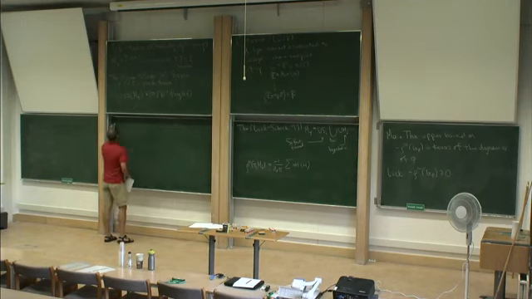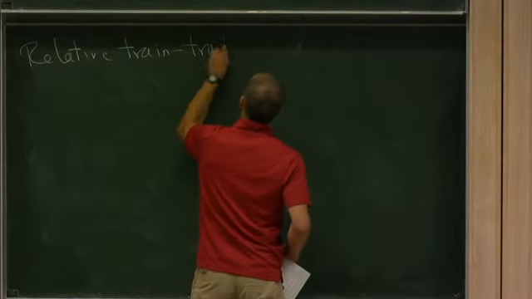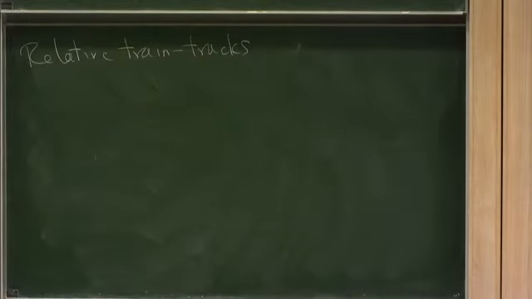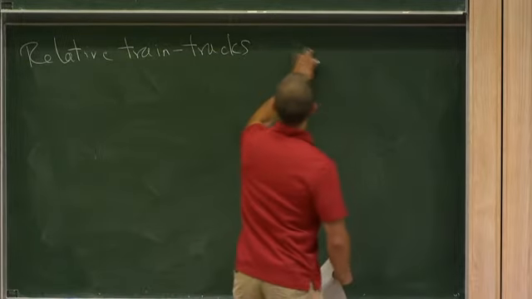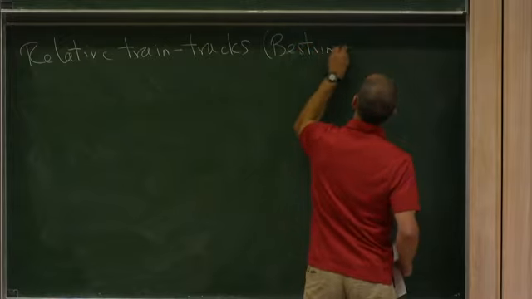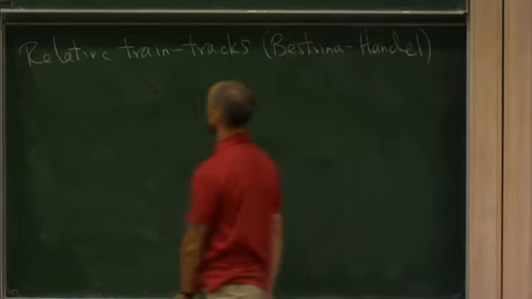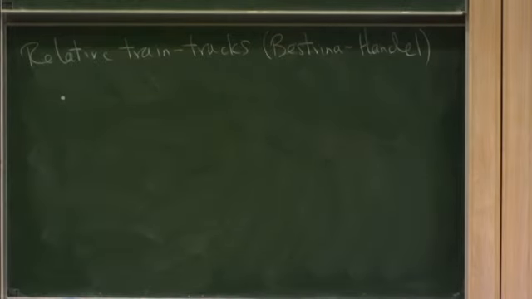So relative train tracks. This is something like a Jordan normal form for your outer automorphism, how you should think about it. And this was developed by Bestvina and Handel. All right, so what is a train track map for your outer automorphism?